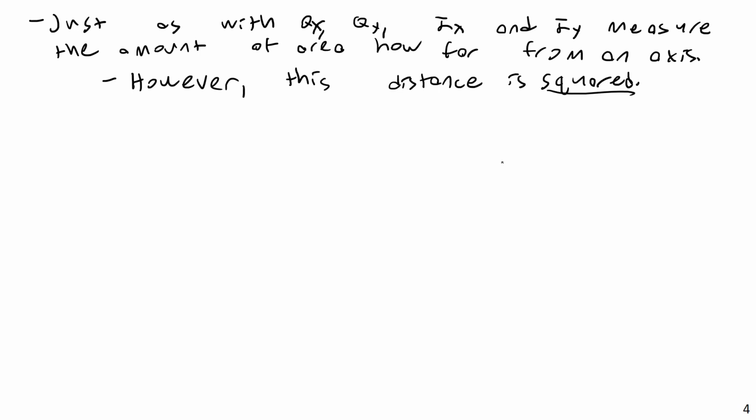Because of this, when you're designing shapes to resist bending, you try to get as much of your area as far from your centroid or your axis of rotation as possible. So in bending, you try to get as much area as far away from the centroid as possible.